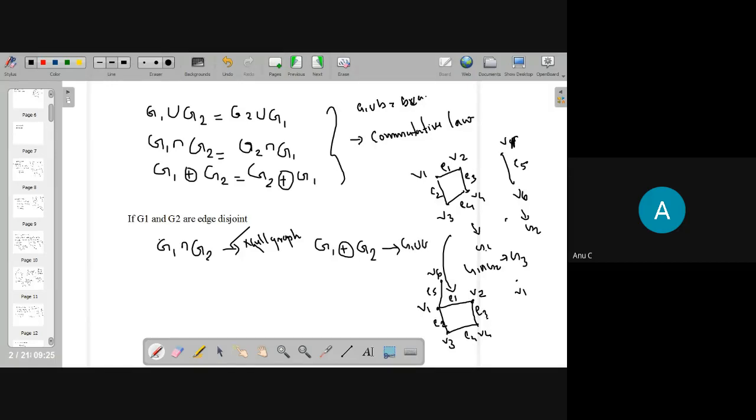G1 യൂണിയൻ G2 അല്ലേ? സെയിം എഫക്റ്റ് അല്ലേ? ഓക്കെ, അപ്പോൾ നമുക്ക് എന്ത് പറയാം? If G1 and G2 are edge disjoint, then G1 intersection G2 gives null graph and G1 ring sum G2 gives G1 union G2. Is it clear? Okay.